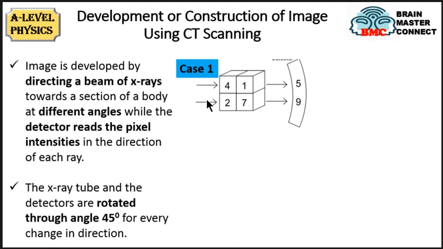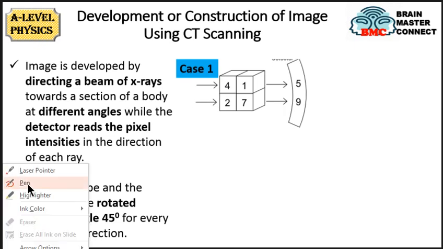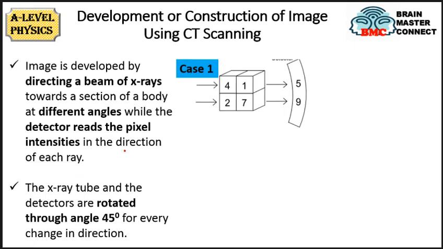So let's assume that the x-ray beam always moves in clockwise direction. So if the x-ray beam moves in this direction that I'm pointing to, the direction of this arrow, that is clockwise.